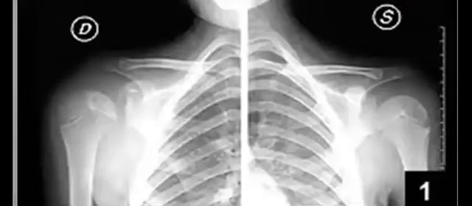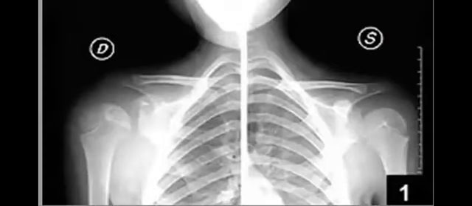So look, when it is in the shoulder, where is the abnormality? Is it right or left? It looks like the right is more affected, and the right looks widened.